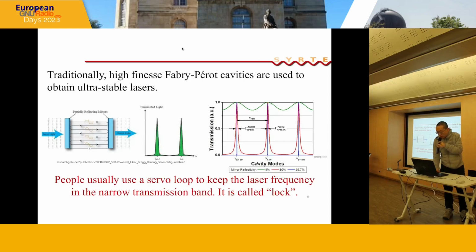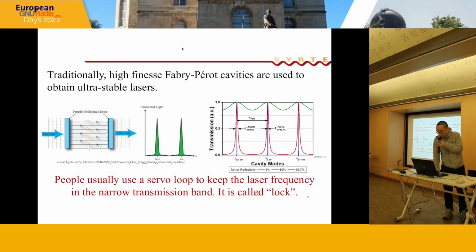For the blue one, the reflectivity is 99.7%. It shows a very narrow transmission band. It's nearly zero, as you can see from the plot, of course, due to the resolution.